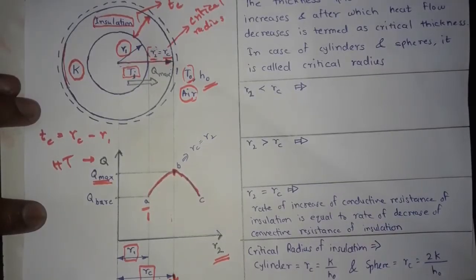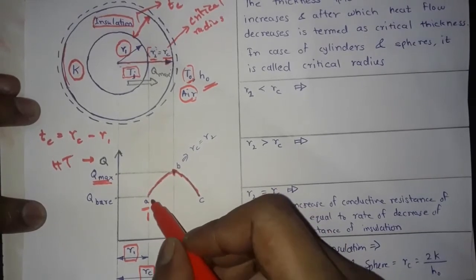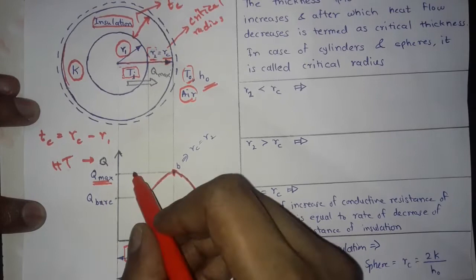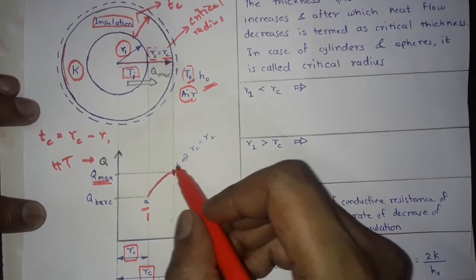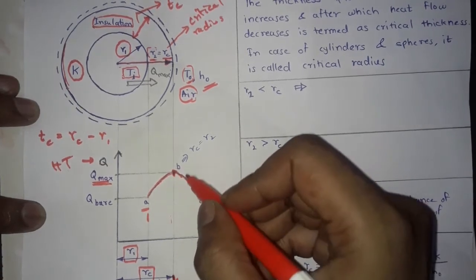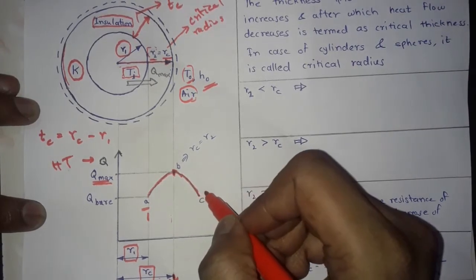So in short, as we increase our insulation up to the critical radius, heat transfer increases, and beyond this critical radius, if we increase our insulation, heat transfer decreases, as you can see in this graph.